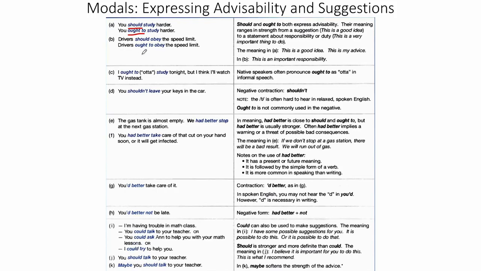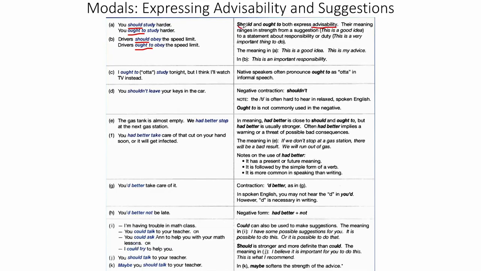Then again, drivers should obey the speed limit, drivers ought to obey the speed limit. So here we have the modal should and the modal ought to, which are used for expressing necessity. Should and ought to, both of them express advice, advisability.